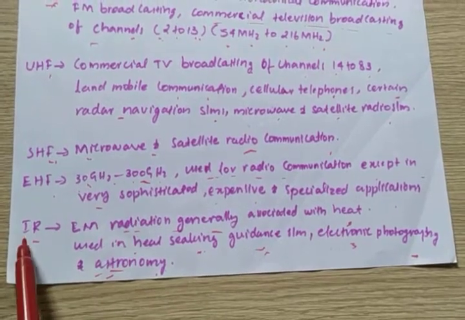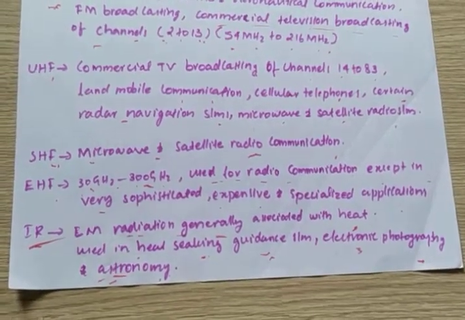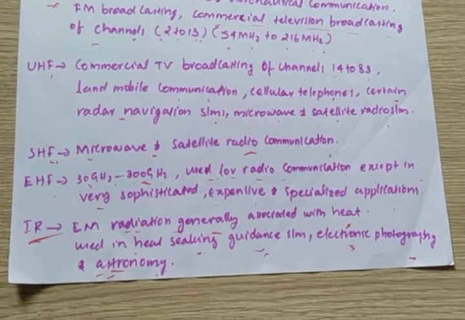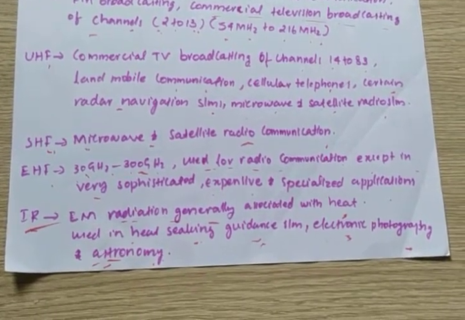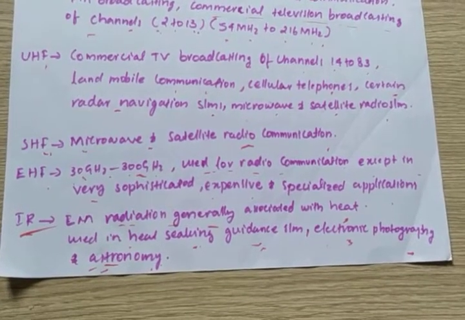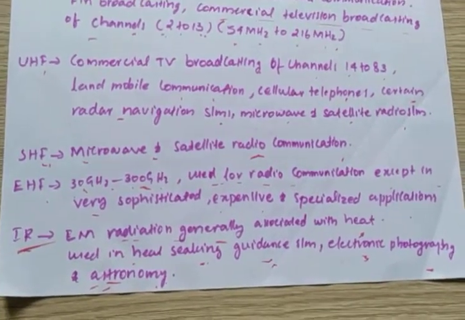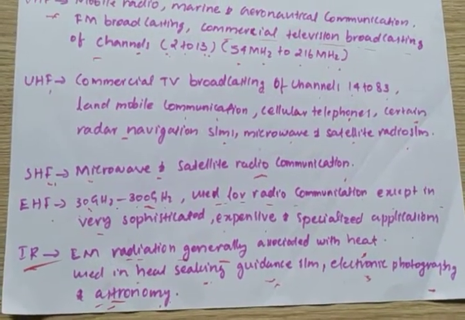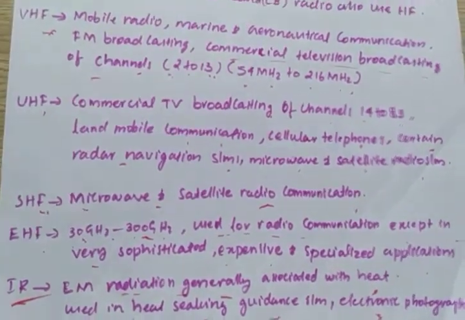For all those things we use IR. And visible light is normally used for light communication and optical fiber communication. So these are the frequency bands and the frequency spectrum. You have to study these frequency bands and the spectrum.